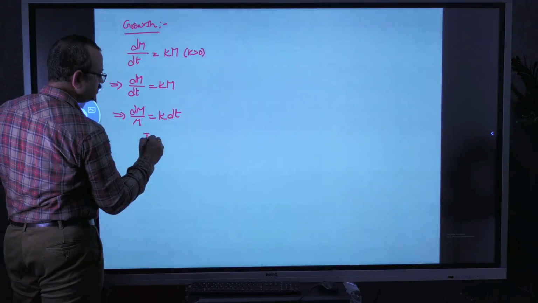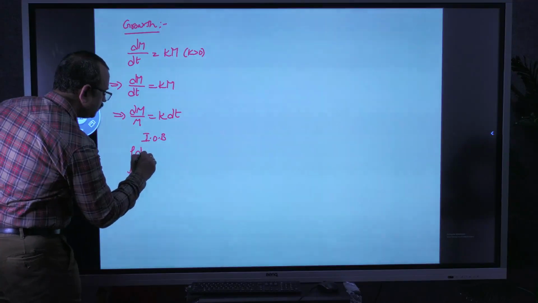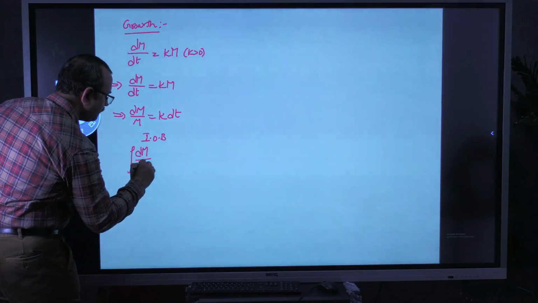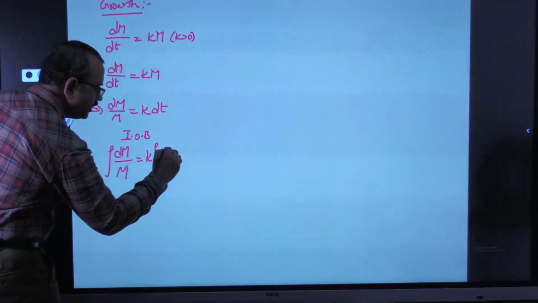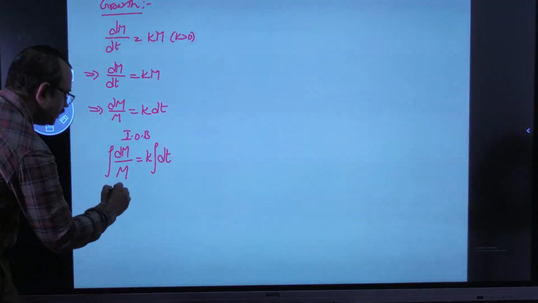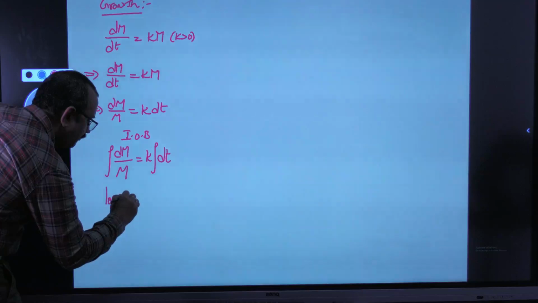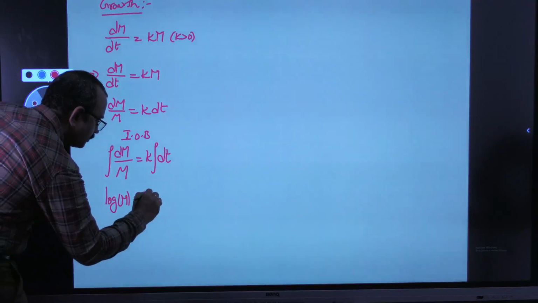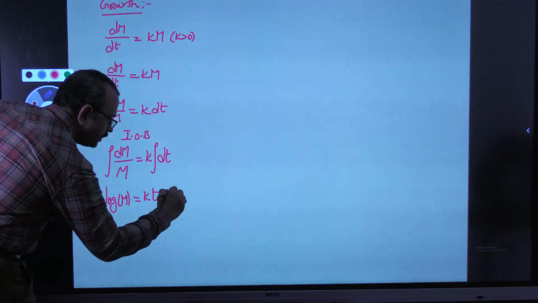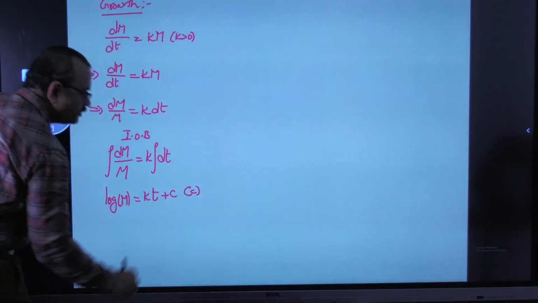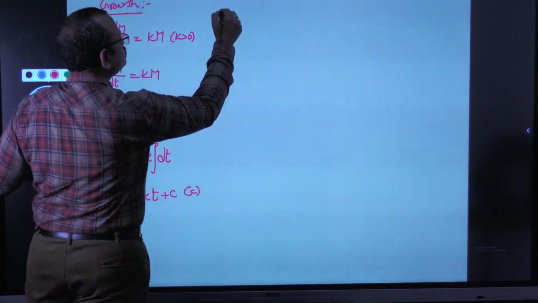Now we integrate both sides. Integral of dm by m is equal to k times integral of dt. Integrating, we get log m is equal to kt plus c, where c is an arbitrary constant, the integral constant. Now we simplify more.